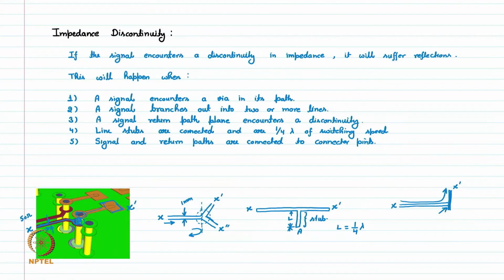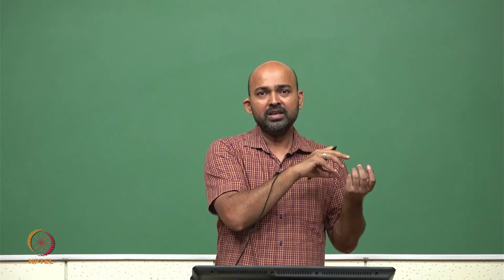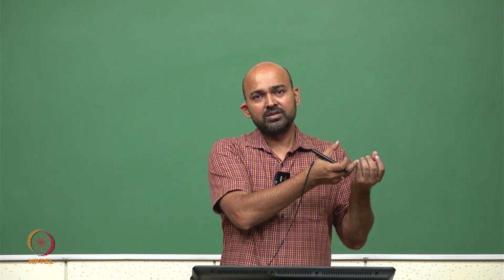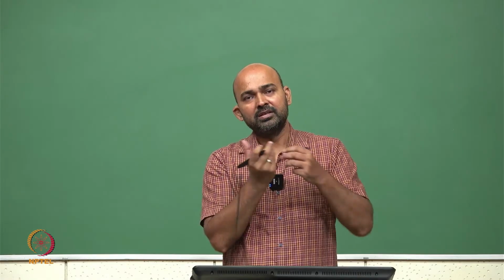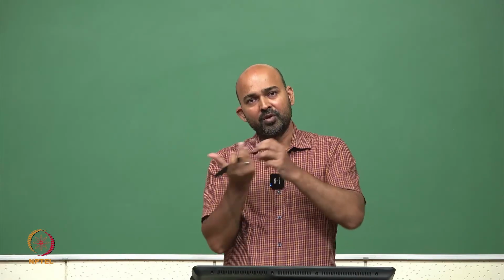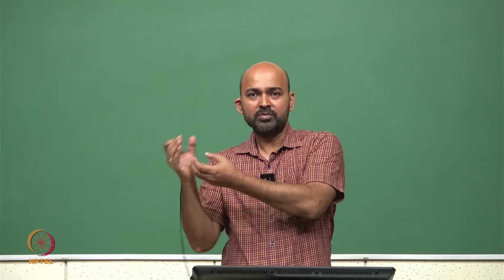This happens because of impedance mismatch, and because of this reflection there can be ringing. Ringing is something like this: we have a voltage, it should be stable at, let's say, 5 volt, but because of these reflected waves, this reflected wave again will go to the near end. There also there is a discontinuity, it will bounce back, some portion of it will come forward and then again bounce back into reverse.